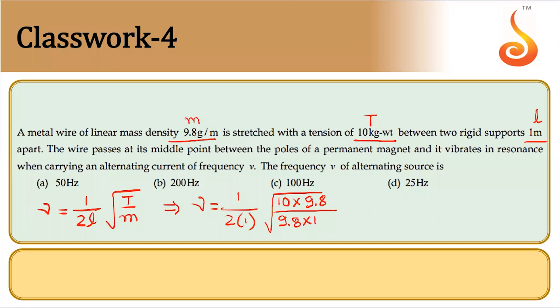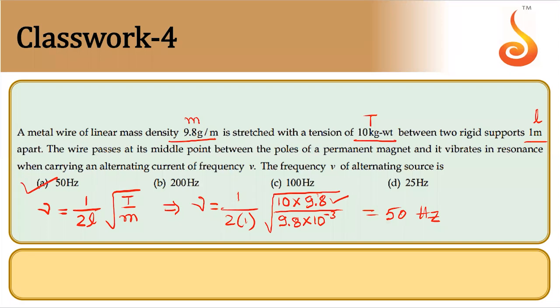Gram can be written as 10 to the power minus 3 kg per meter, correct? So it is given in grams, so convert it to kg. Now 9.8 gets cancelled. That's why in the place of g I have substituted 9.8. So you'll get this to be 10,000. 10,000 under root will be 100. 100 by 2 is 50 hertz. That is option A.